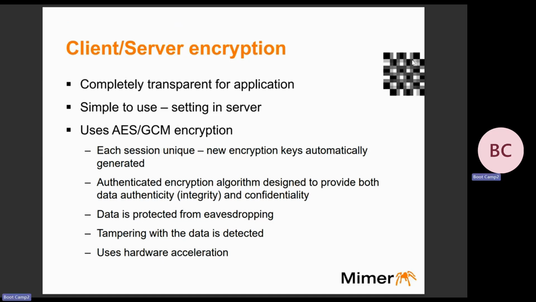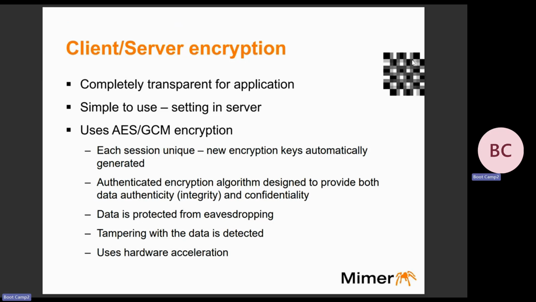I mean, it's not protected. The unencrypted data is protected from eavesdropping. You can see the encrypted data. Tampering of the data is detected, and I'll show you some examples of different types of tampering.